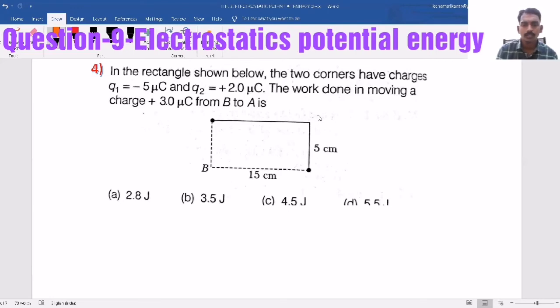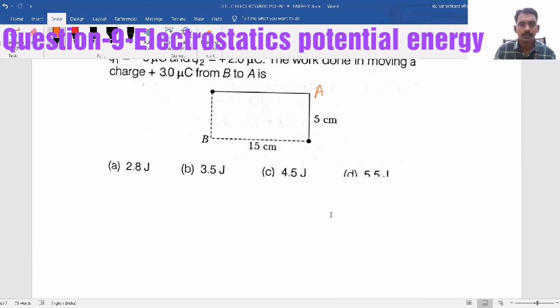Let's take this point as A. So first, two charges are there and another charge you place. See here one charge is there, that is Q1. Here another charge is there, that is Q2, like this. Now you are keeping one more charge here.